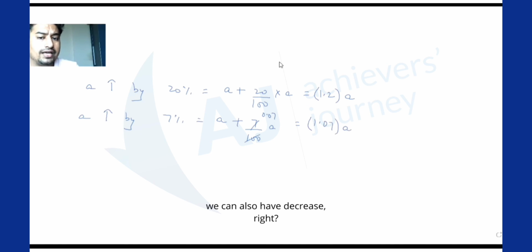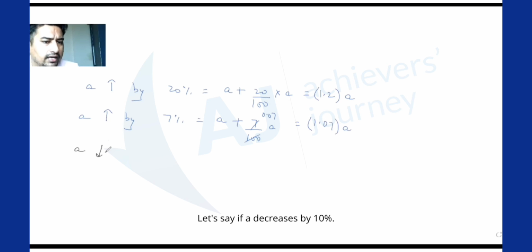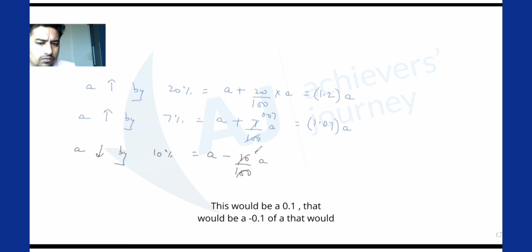Same way we can also have a decrease, right? Let's say A decreases by 10%. Now what will that be? Check. It would be A minus 10 by 100 of A. This would be 0.1.